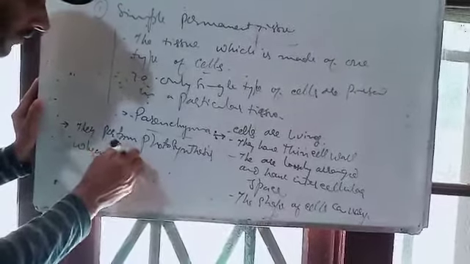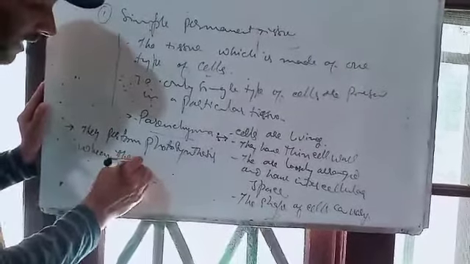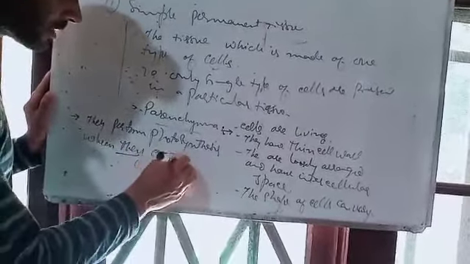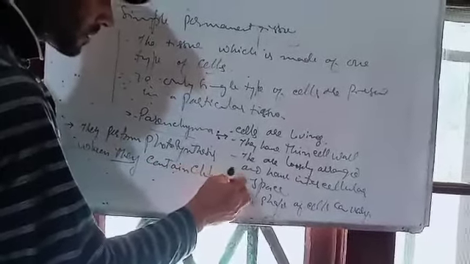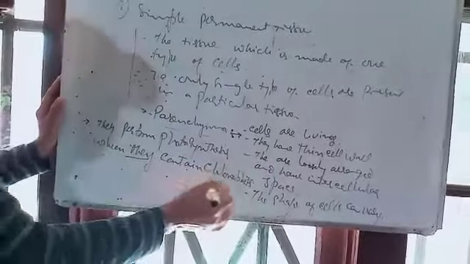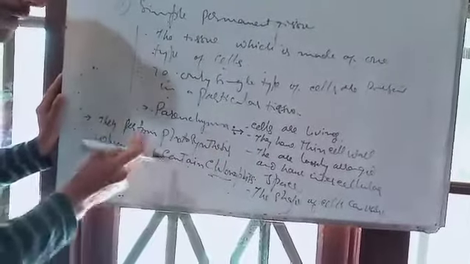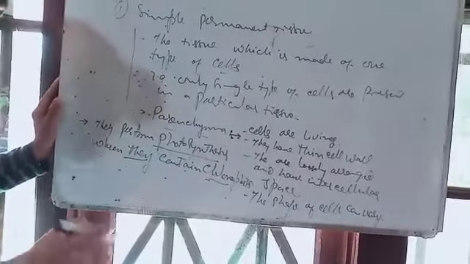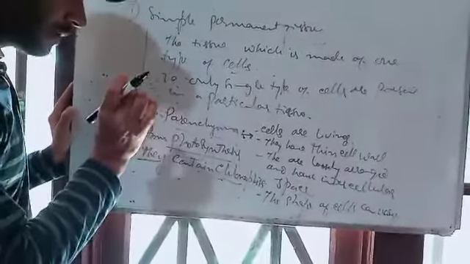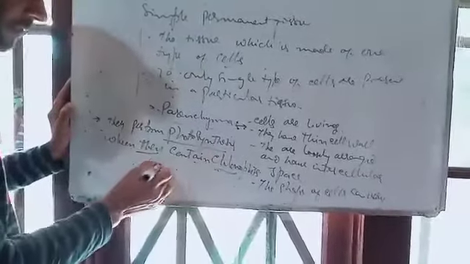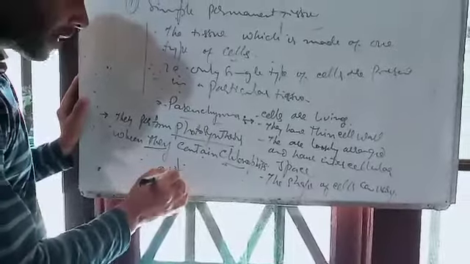When the parenchyma cells contain chloroplasts, they help in photosynthesis to prepare food for the plant, and that parenchymatous tissue which is responsible for photosynthesis is known as chlorenchyma.